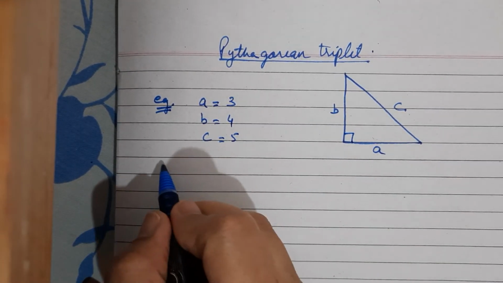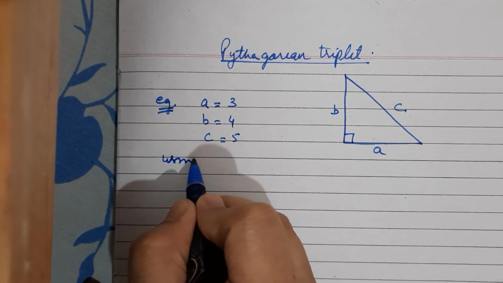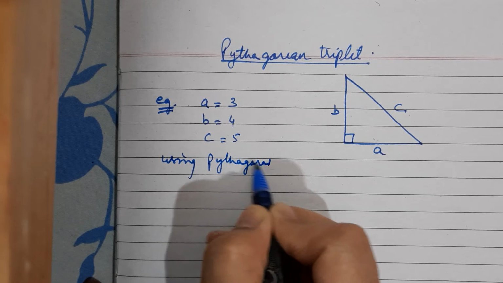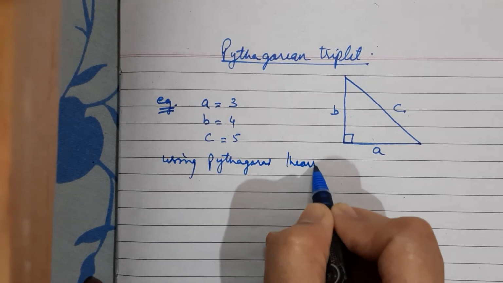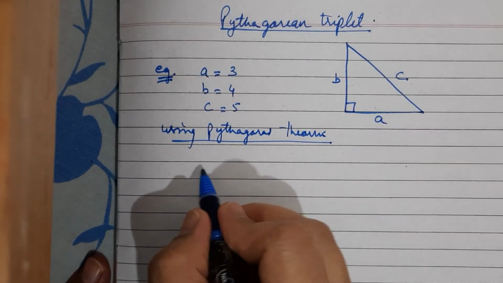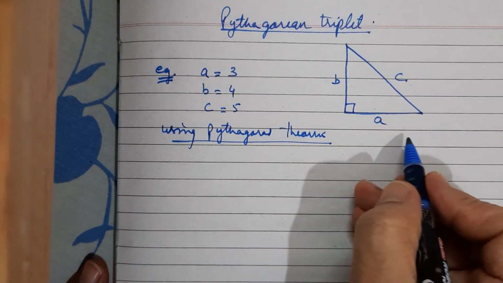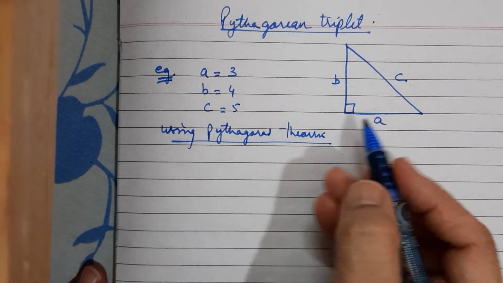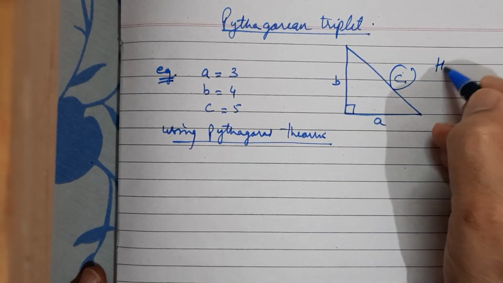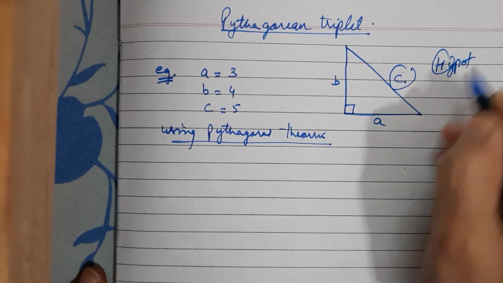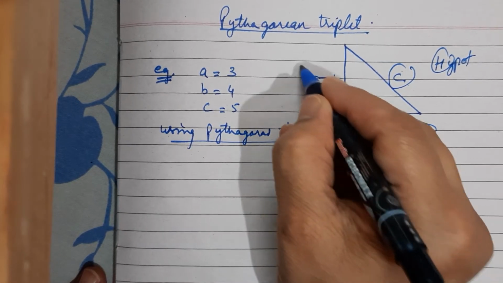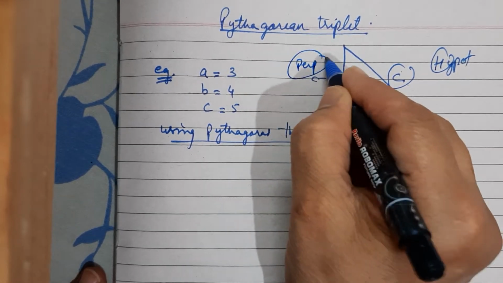Now we will check by using the Pythagoras theorem. As we know, the Pythagoras theorem means hypotenuse square is equal to base square plus perpendicular square. So here what is the hypotenuse? C is the hypotenuse, A is the base and B is the perpendicular, right?